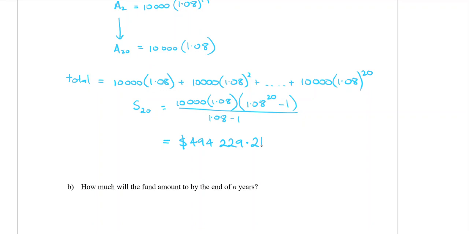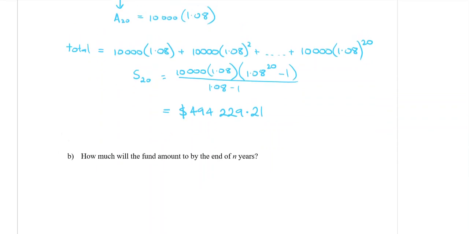Okay, so that was pretty much a repeat of the first question, but this one has extra parts to it. So let's move on to part B. How much will the fund amount be by the end of n years? It's asking me for a general equation of the sum.